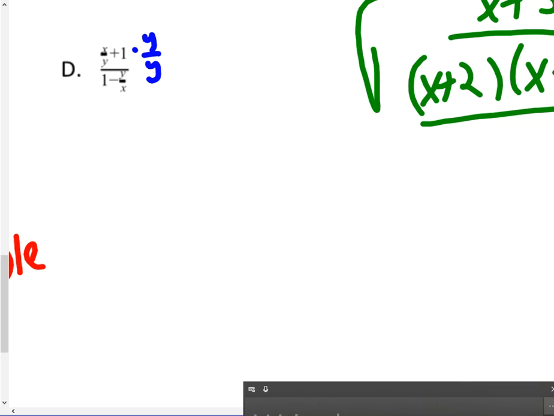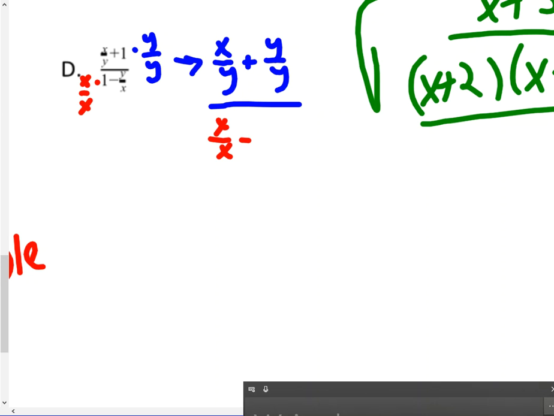When we do that, we should get x over y plus, well, y over y, all over, and that denominator, here the denominator of the fraction there is x. So let's multiply this one by x over x. So we have x over x minus y over x.